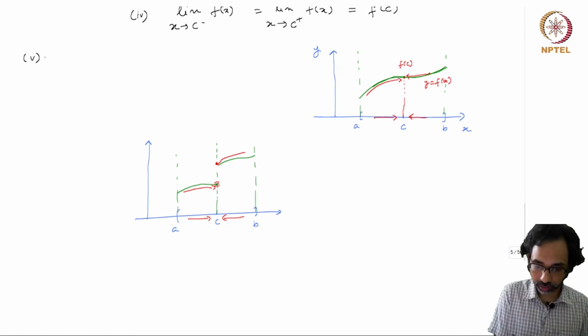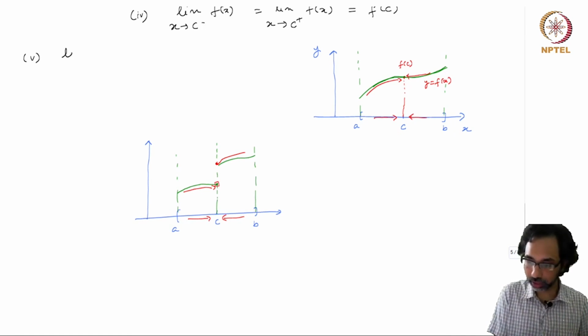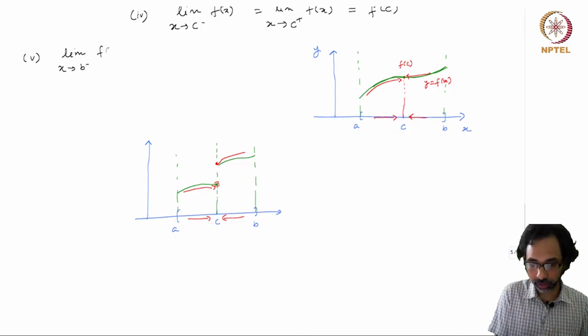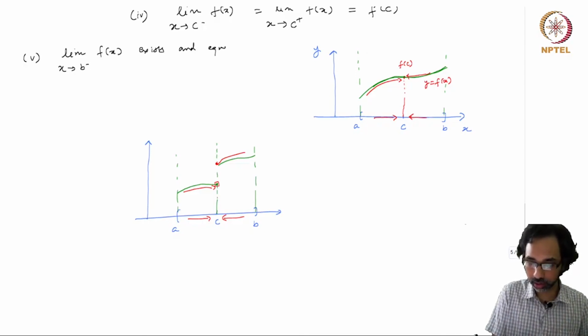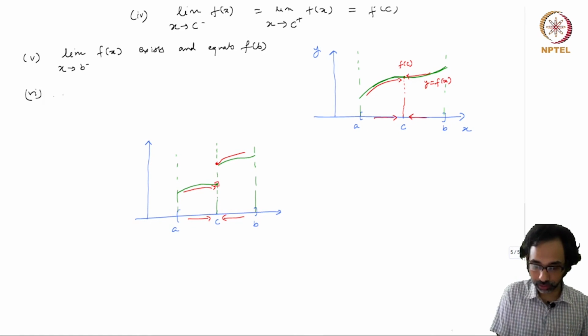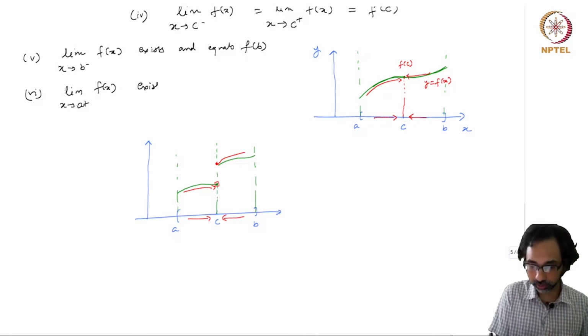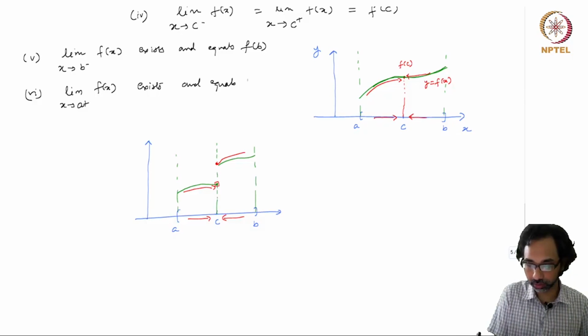Let me write the fifth condition, which is that the limit as x tends to b minus of f(x) exists and equals f(b), and the sixth condition is that the limit as x tends to a plus of f(x) exists and equals f(a).